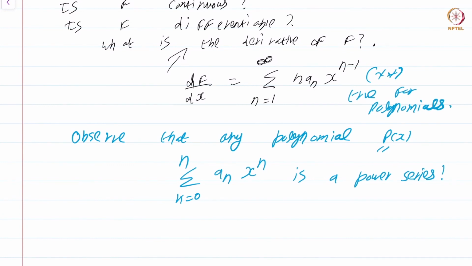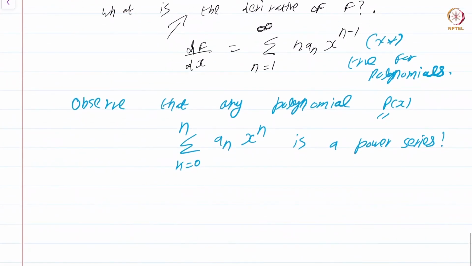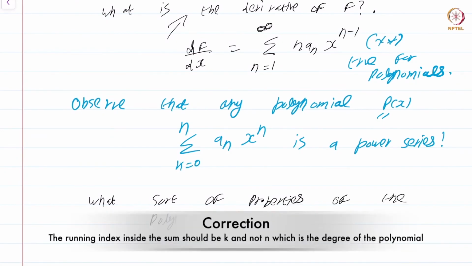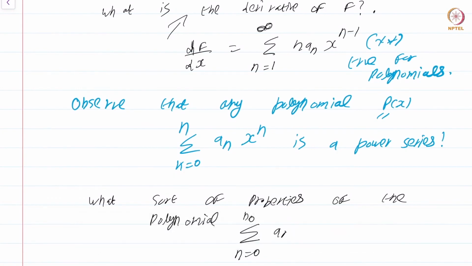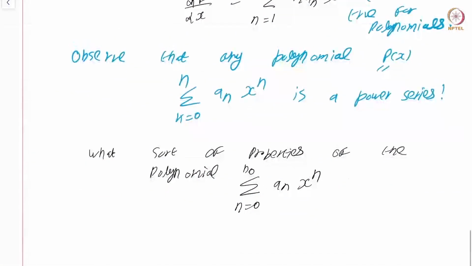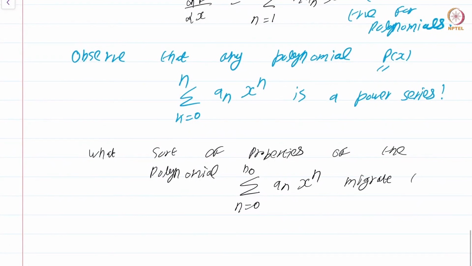In short, what all this motivates is what sort of properties of the polynomials summation n equals 0 to, let's say, some fixed n naught an x power n migrate to the sum summation n equals 0 to infinity an x power n.